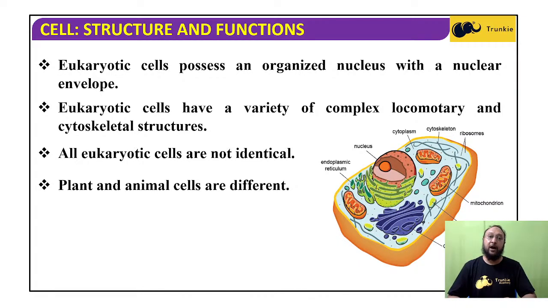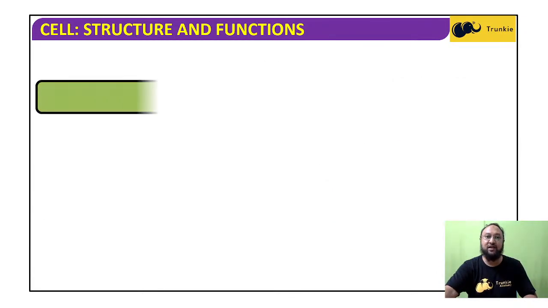The vacuoles are bigger in size and fewer in number in plant cells, and smaller in size and more in number in animal cells. There are centrioles and centrosomes in animal cells, which are not found in plant cells. So there are some differences between plant and animal cells, although both are eukaryotic cells.